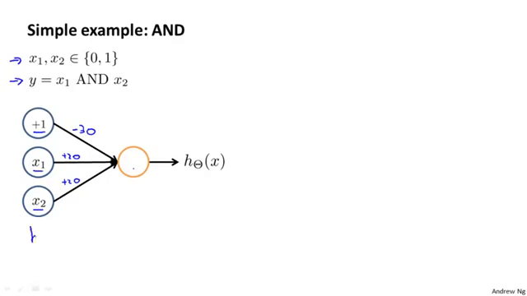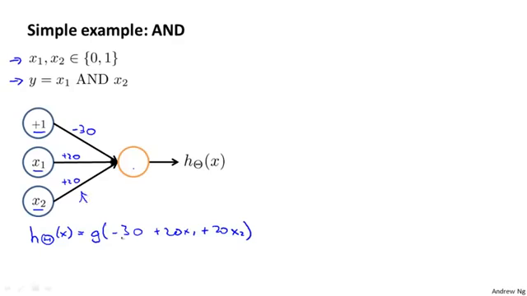So concretely, my hypothesis h of x is equal to g of -30 plus 20x1 plus 20x2.